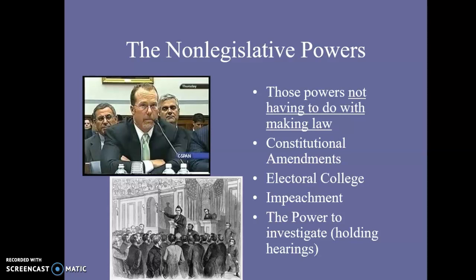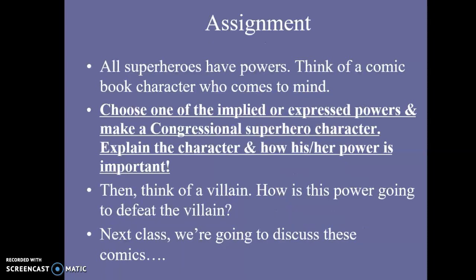You would also need 3/4 or 75% of the state legislatures to also ratify a change of the U.S. Constitution. Non-legislative powers also include the Electoral College, powers of impeachment, and powers of investigation.